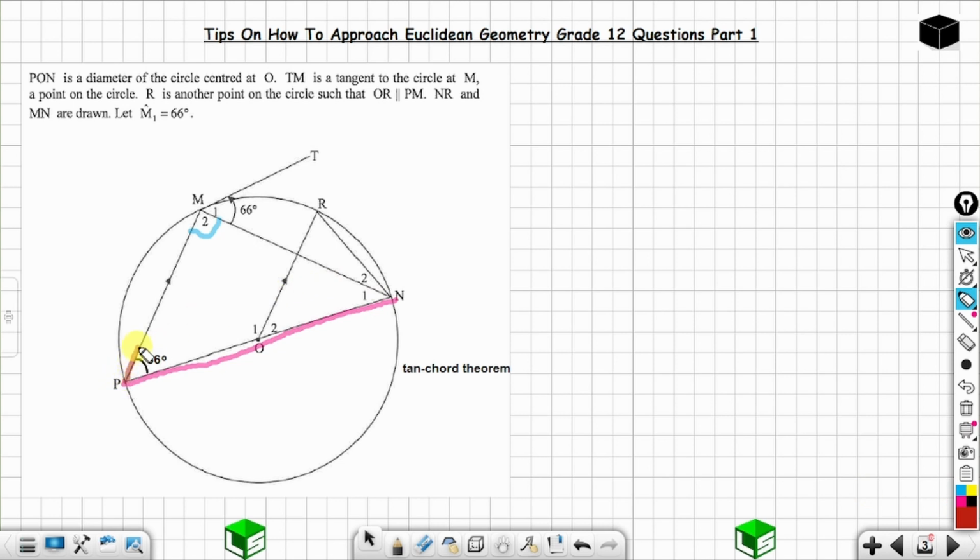From P, you have this line, and from N, you have this line. So this angle is always equal to 90 degrees because this is an angle subtended by the diameter, or an angle formed by the diameter.